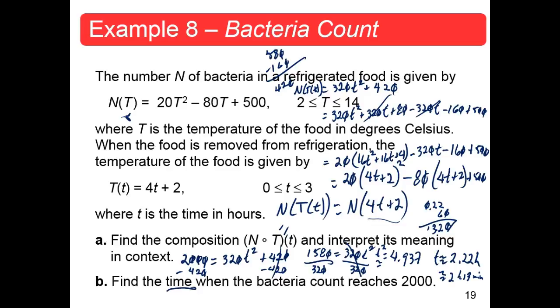Well, anytime you take the square root. But remember, this t is not good for negative numbers. That's why we only went with the positive 2.22 hours. You can't think it was growing bacteria back when it was still in the refrigerator. That would make no sense physically. That's why this is here, and that's why we didn't even consider it. I meant to say it at the time, but I forgot to.